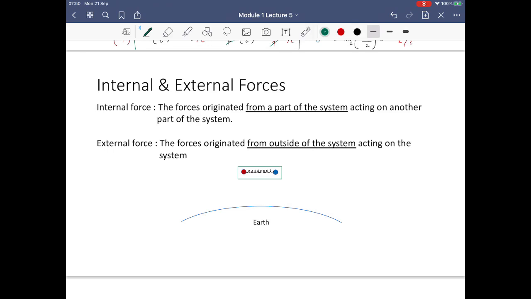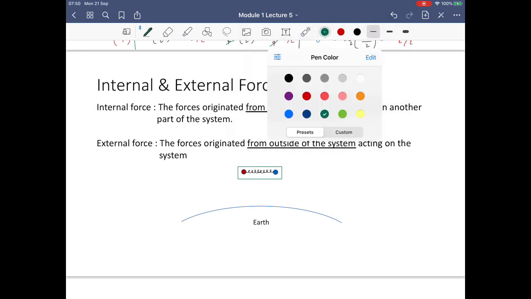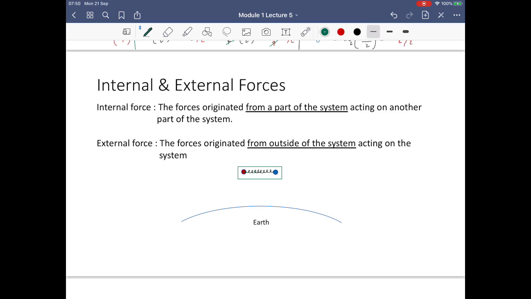So in this case, an example of an internal force is the spring force. This is an internal force because the spring itself is within the system.